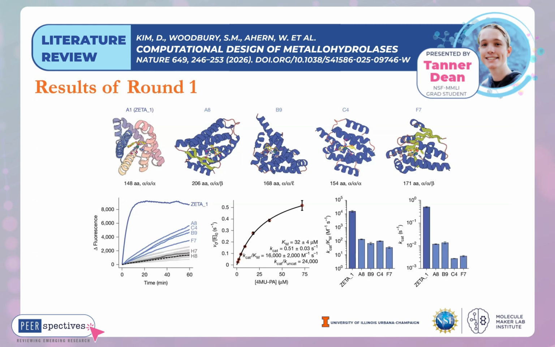And then out of those 5, only one of them had a catalytic efficiency of 16,000 per molar per second, which is still about, I believe, 1/4 or 1/5 the standard activity for wild type enzymes of this type with their substrates. Although they highlight they actually generate these entirely different scaffolds while still having the same activity.